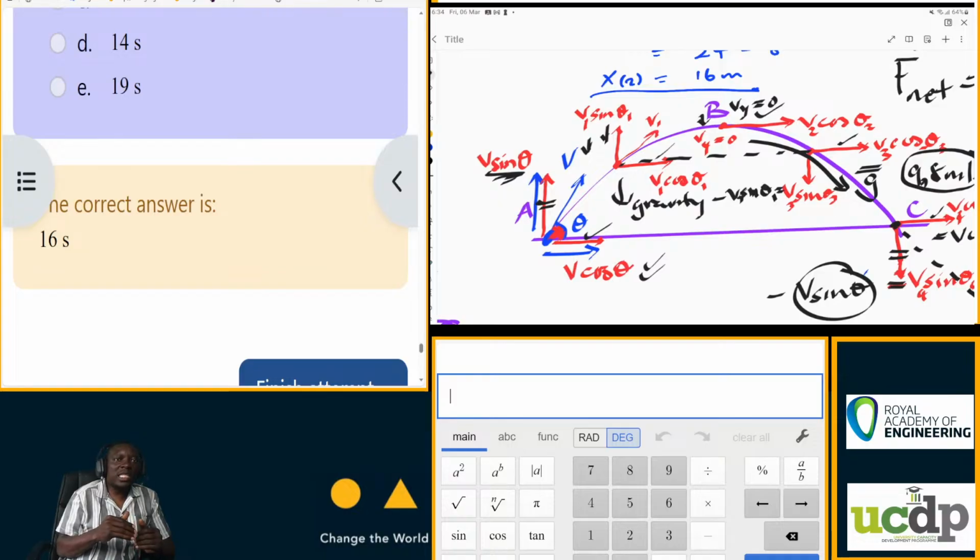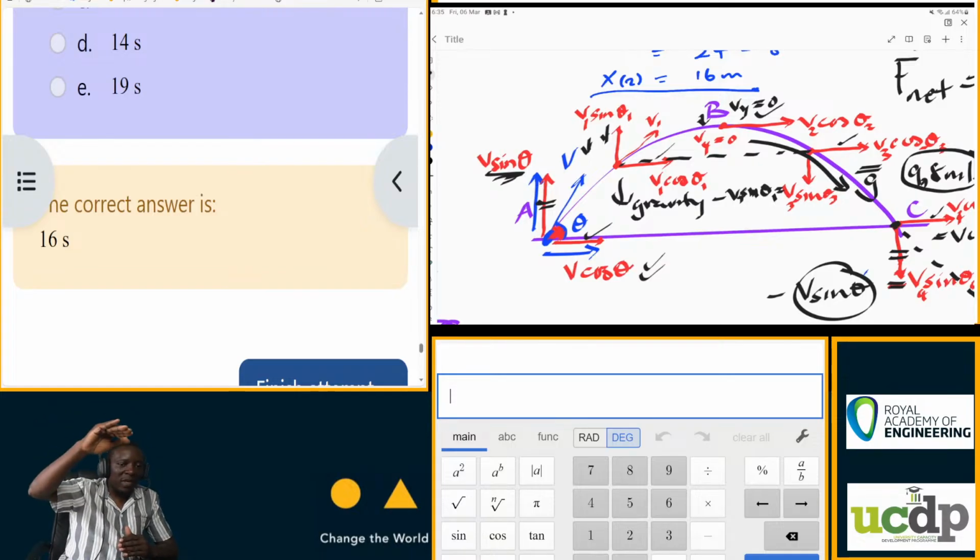Then when it starts moving, because it has a component of the 200 sine theta, whatever the angle, that component in the vertical starts being acted upon by gravity until it reaches maximum height. That's when gravity has subtracted all of the 200 meters per second sine theta component, and it's now zero at maximum height. It cannot go higher because it has no more drive in the positive vertical direction.